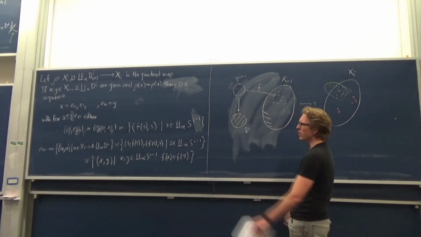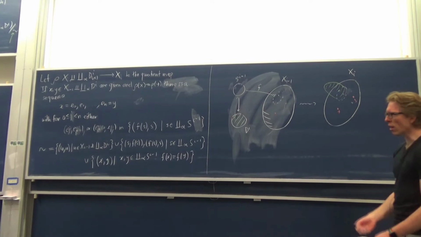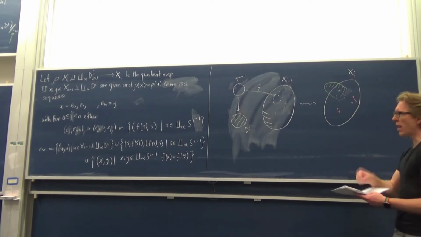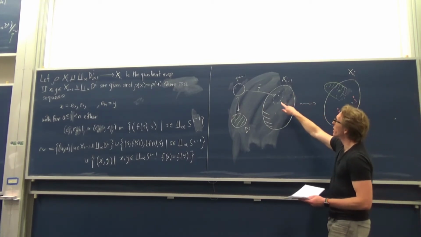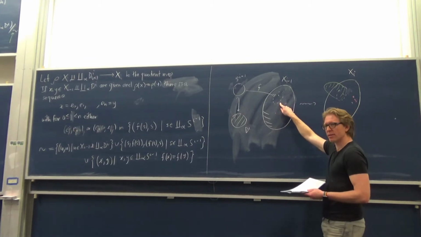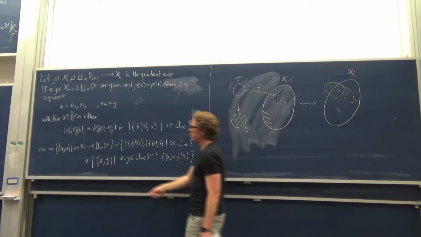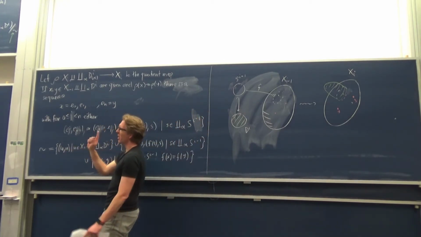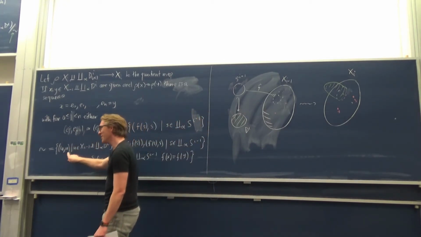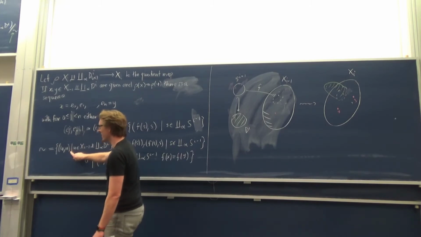Okay, so look at tilde. Do you see any pairs which look like x comma y, where x and y are in X_{i-1} and are not of the form f of s? No. Right? Well, okay, I actually just said a lie, right? I didn't say they were distinct, but I think that was clear.